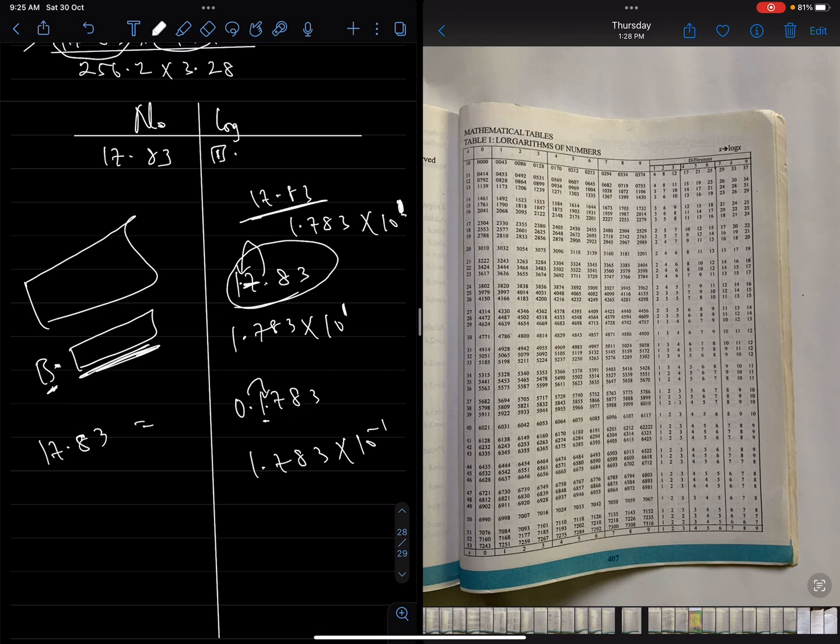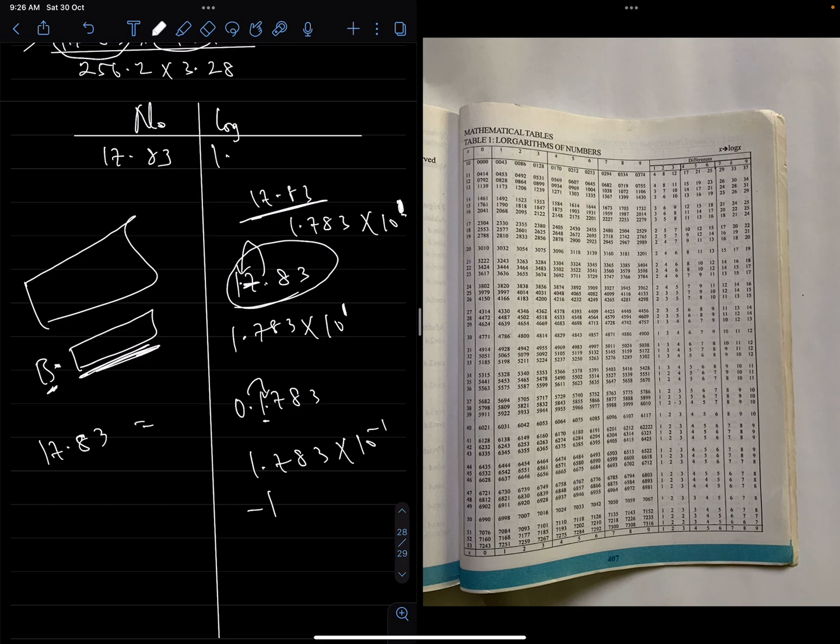So if it were the other number, the characteristic would be minus 1. So you write the characteristic first. Here, it is 1.783 times 10 to the power 1. So the characteristic is 1, and I'll write 1 point. Now I'll go to the table of logarithms. The characteristic is the power of 10 when you write the number in standard form. Exactly. And this is what it is for this number.